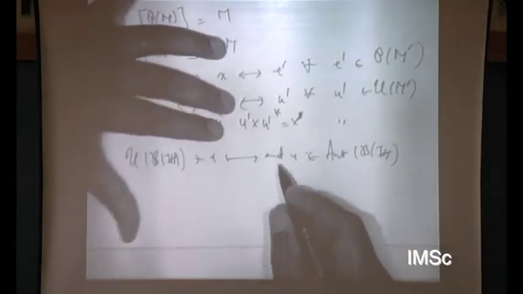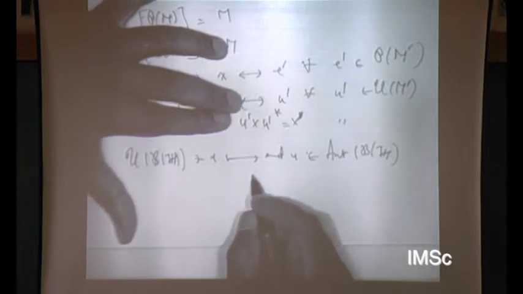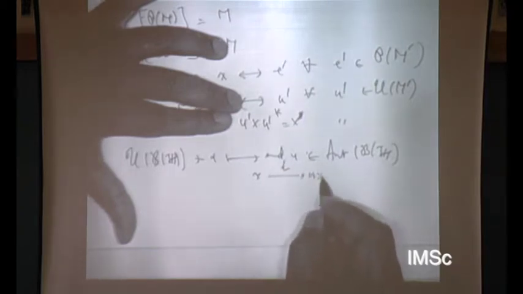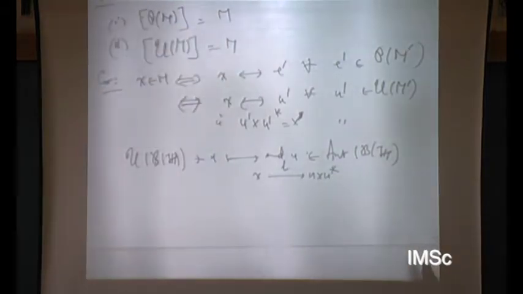And this Ad U is the map defined by sending an X to U X U star.